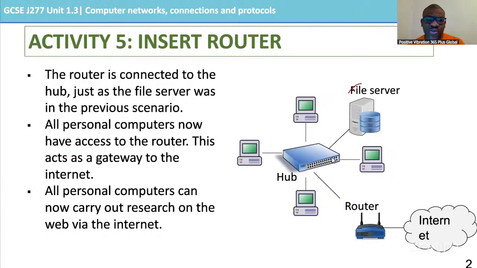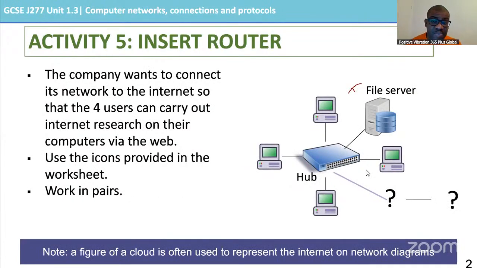All right, next activity. So now, we still have a problem with the computer we want to have. At this point, we have central storage, we have greater security because the file server is now there to manage, and it is well organized because of the hub, but there's a problem. No internet access.